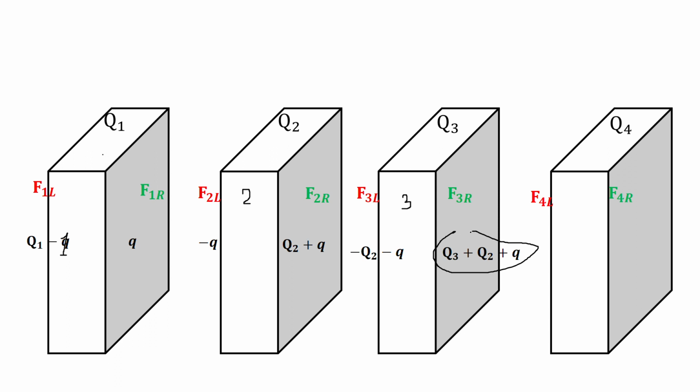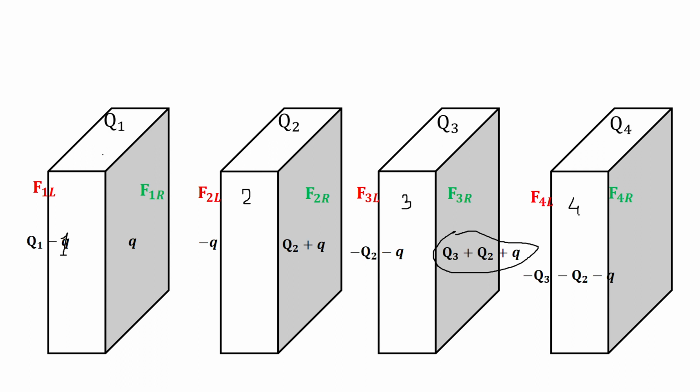So this will be minus times Q3 minus Q2 minus Q, and since total charge on the fourth plate has to be Q4, so on this fourth plate total charge has to be Q4.